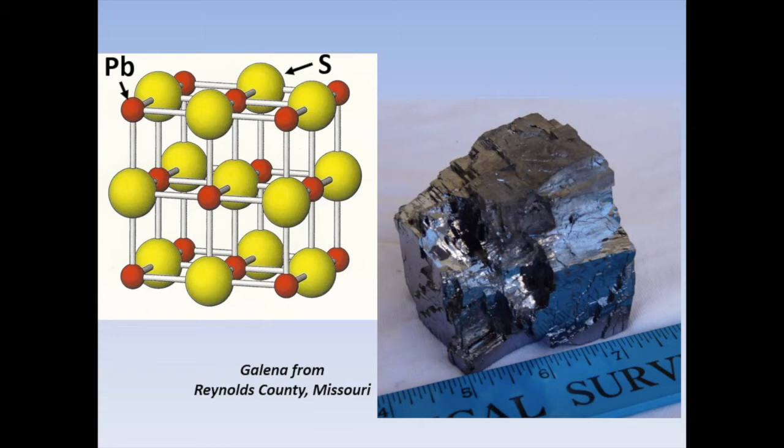Now, as the mineral grows and gets larger, it just keeps repeating this cubic structure over and over again. And in the photograph on the right, you can see how in a hand sample of galena, that same cubic form comes through. It's a lot of right angles on the crystal faces, and overall the mineral tends to form a cube.